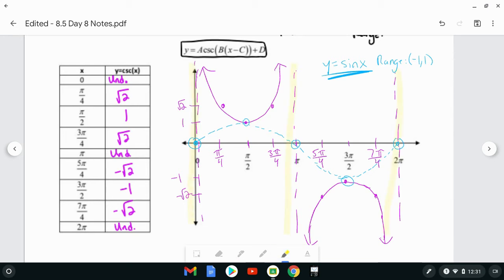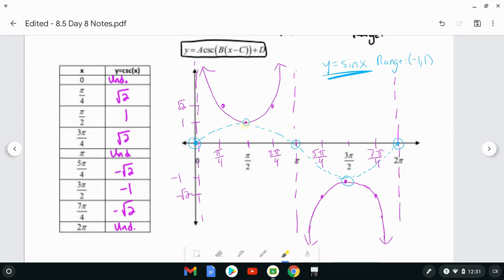So where sine is 0, those are vertical asymptotes for cosecant, because think about it. If sine of x is 0, sine of pi is 0, the reciprocal, 1 over 0, is undefined. That's why for cosecant, it would be a vertical asymptote. And then likewise, if sine of x is 1, well, the cosecant, 1 over 1, is just 1.